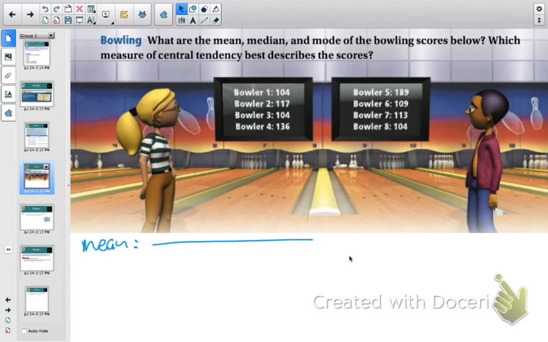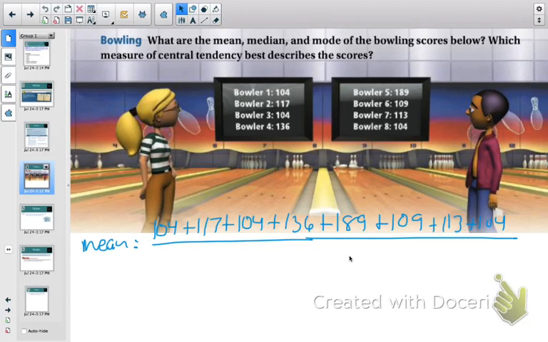We're going to add up all the numbers, 104 plus 117 plus 104 plus 136 plus 189 plus 109 plus 113 plus 104. Now we're going to divide that by how many total numbers there are, and there were 8 bowlers, so we'll divide by 8.